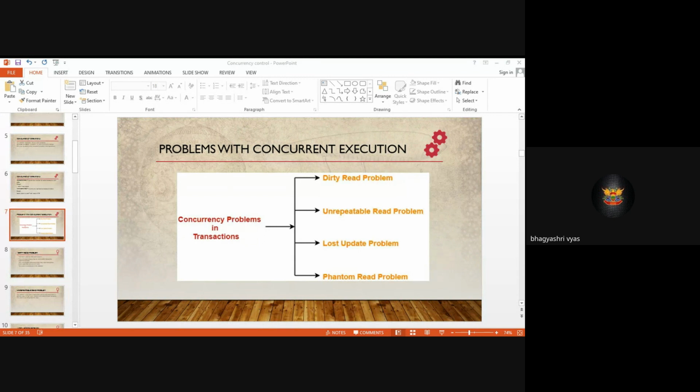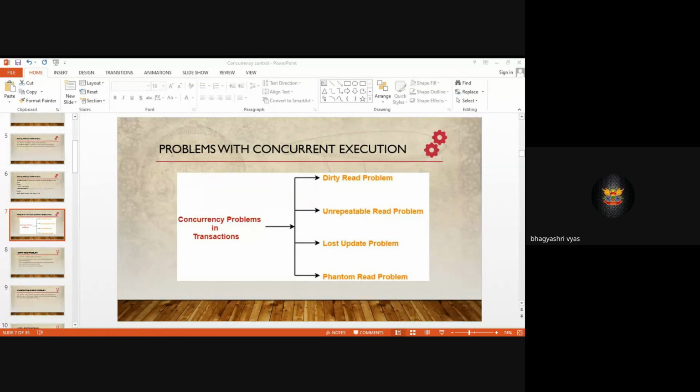In SPPU, they are going to ask you to explain the concurrency problems in transactions. Simple. So there are four problems you need to talk about. Dirty read problem means reading the data while the data is not committed.